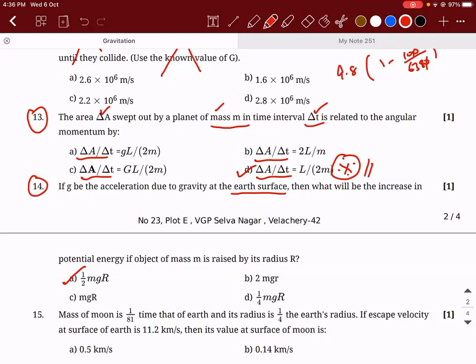Sir, so increase here means that the energy will become less negative, right?